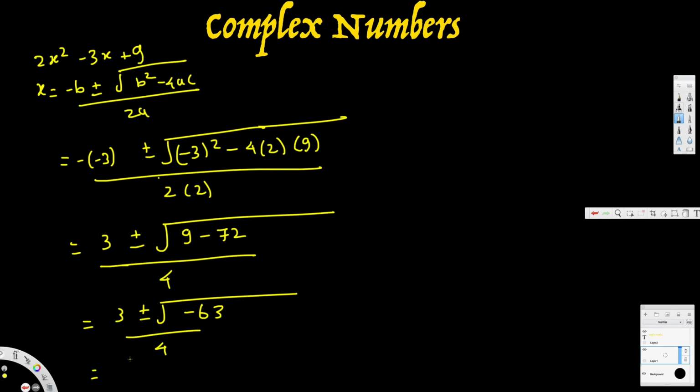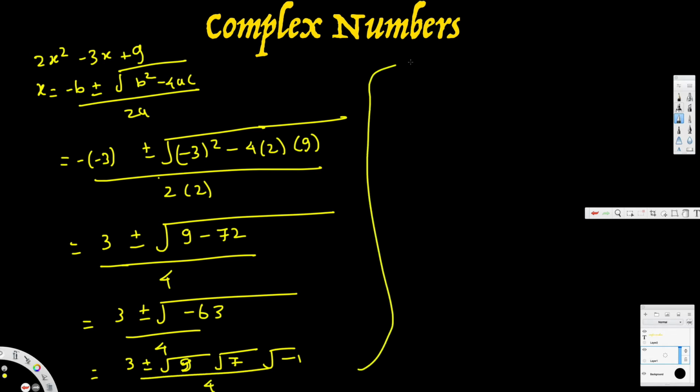So we can use that here: 3 plus or minus square root of 9, square root of 7, and also don't forget the square root of -1, divided by 4. Simplifying, square root of 9 is just 3, and instead of square root of -1 we can write i, divided by 4.